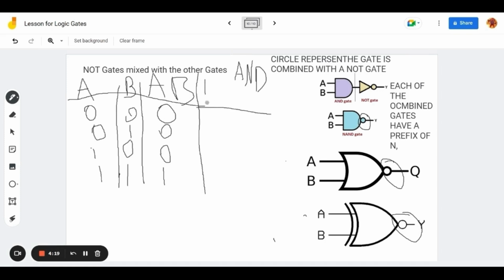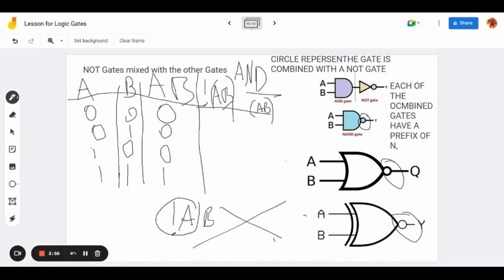So we do A B in brackets, with a bar over it. We just don't write A B with separate bars, because that would mean we're inverting A first and then multiplying it.